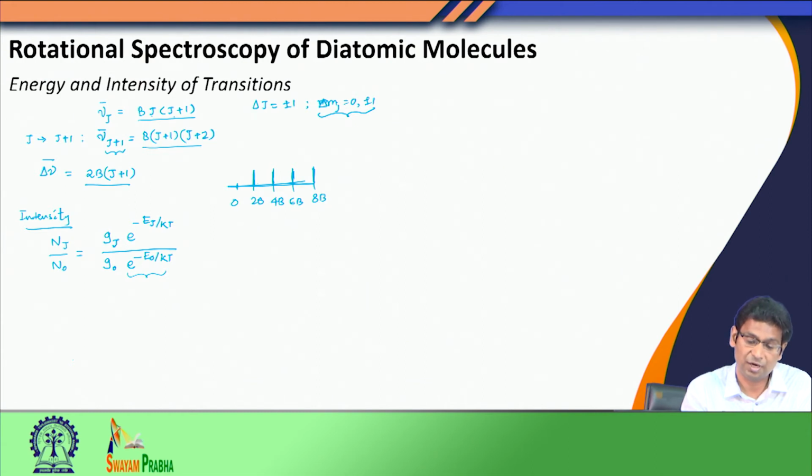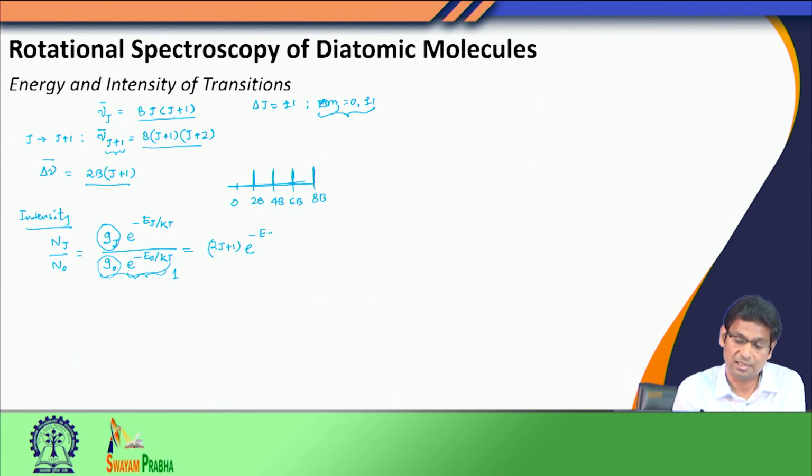Therefore this exponential term becomes 1, and the degeneracy of the 0th level, given by 2J plus 1 when J is 0, is of course 1. So these two terms together are 1, and therefore I can write the population of the Jth level as 2J plus 1 times e to the power minus E_J divided by kT. Now, this is the relative population N_J.